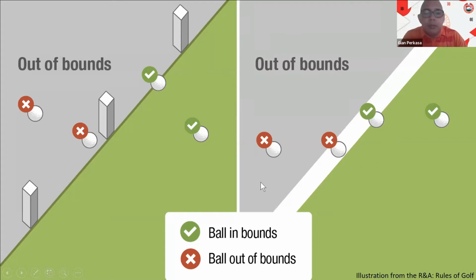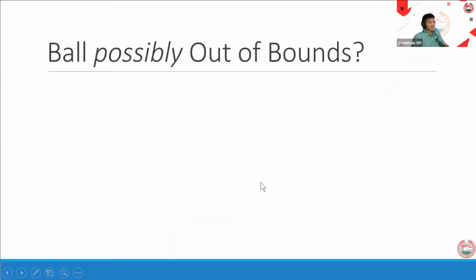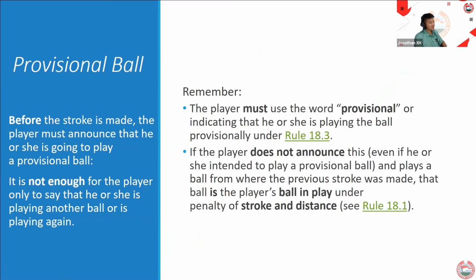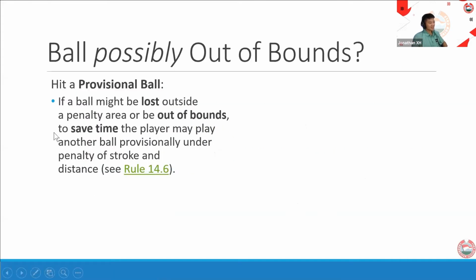Next, Jo. Alright, thank you. So, what happens if we hit a shot and we think it might be out of bounds? Well, the very first thing that you should do is hit a provisional ball. Now, what is a provisional ball? A provisional ball is an additional ball that you put not in play yet, but to save time, like what this says in bold, save time, you can play another ball so that you don't have to walk back.